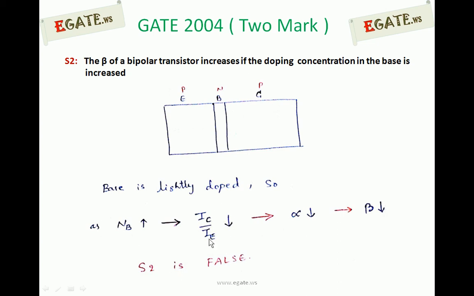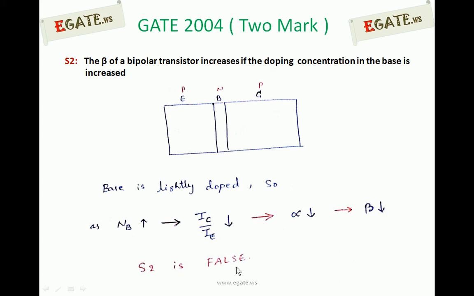The ratio IC by IE is alpha, so alpha reduces. When alpha reduces, beta reduces, since beta is equal to alpha by 1 minus alpha. So as doping concentration increases, beta has to reduce. But the statement says beta of a bipolar transistor increases if doping concentration in the base is increased. So the statement is wrong.